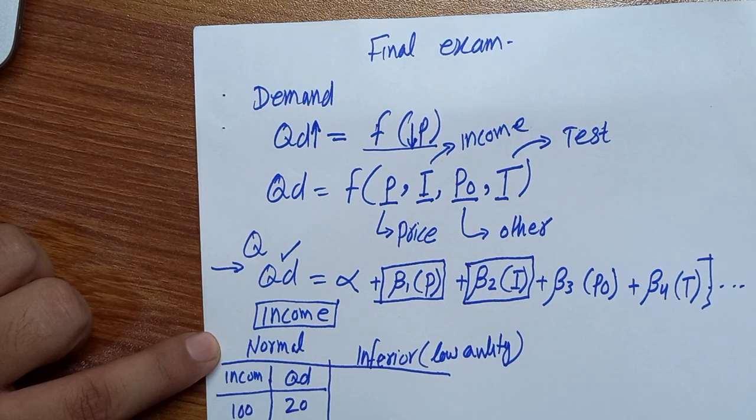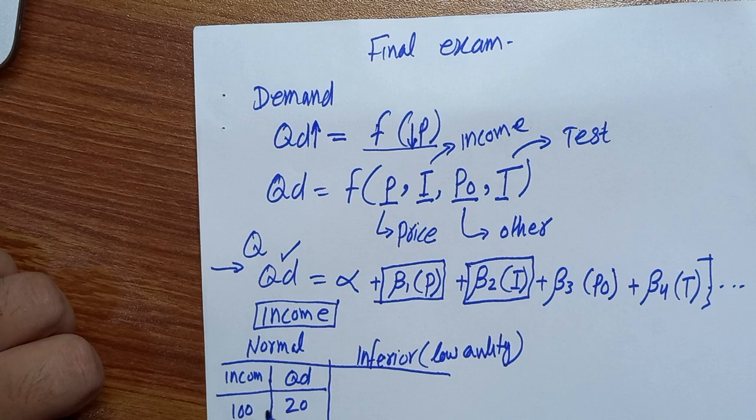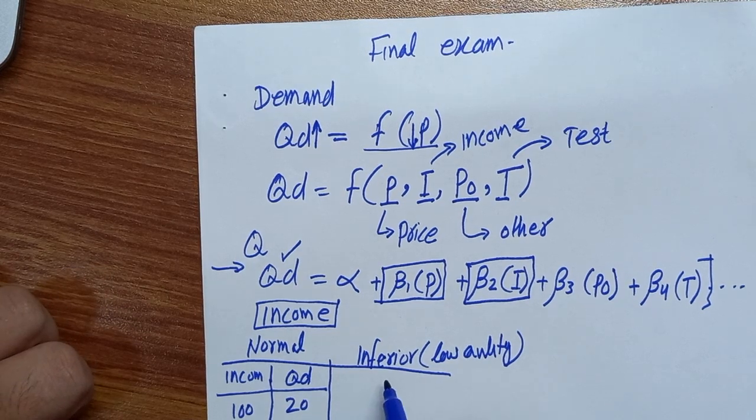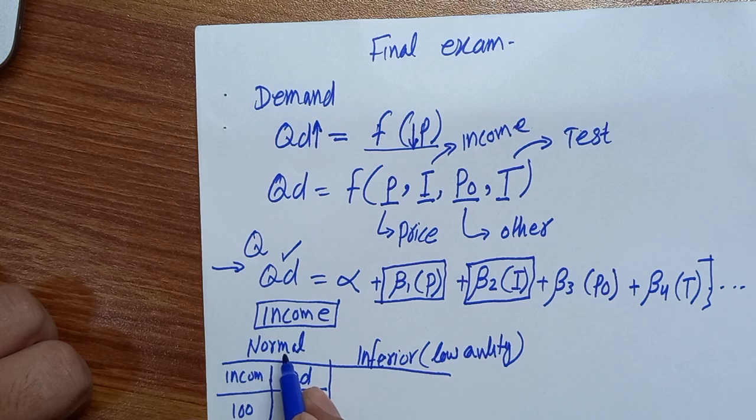When the income of the consumer is increased, they will buy more of your product, let's say 40. When it is 300, the people will buy even more of your product. It has a positive relation. If you have a normal good, it has a positive relation with income.